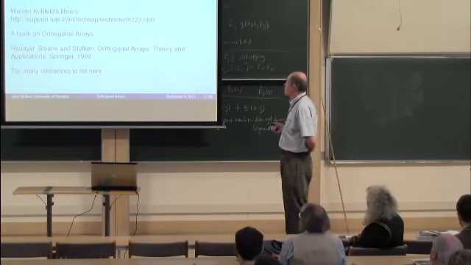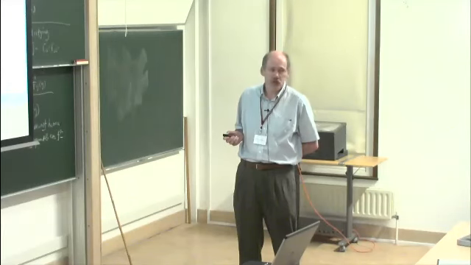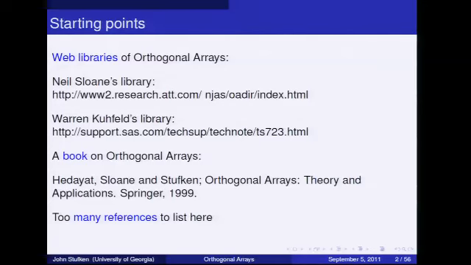But there's a lot of information about orthogonal arrays. There's a second library on orthogonal arrays maintained by Warren Kuhfeld at SAS. It's more restrictive. It's only on orthogonal arrays of strength 2. But it's a little bit more up-to-date on orthogonal arrays of strength 2 than Neil Sloane's webpage is. So you can find some arrays on this webpage that you can't find on Neil's webpage.